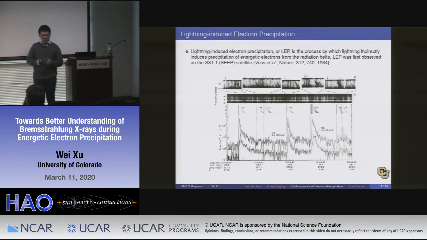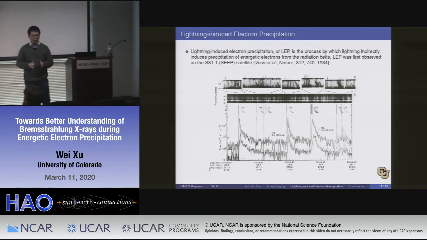Lightning mainly emits radio waves in the very low frequency and low frequency range. A small fraction of those VLF waves can escape the atmosphere, following or not following the field lines, and they can cause precipitation. These VLF waves are called lightning-generated whistler waves, and this phenomenon is called an LEP event.